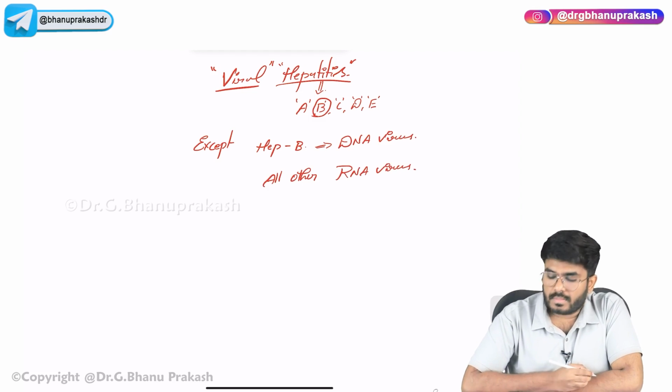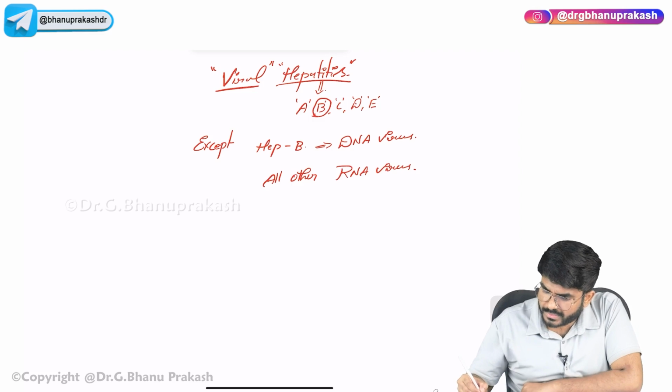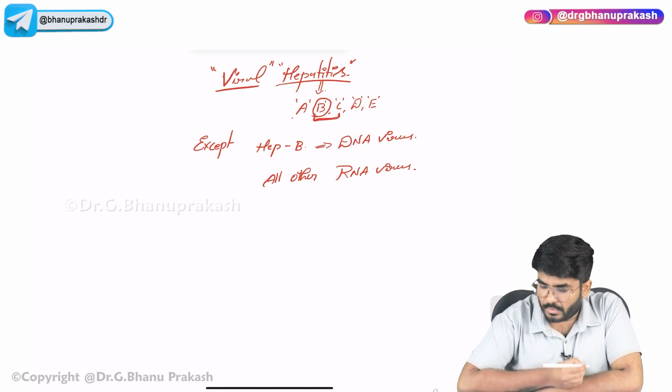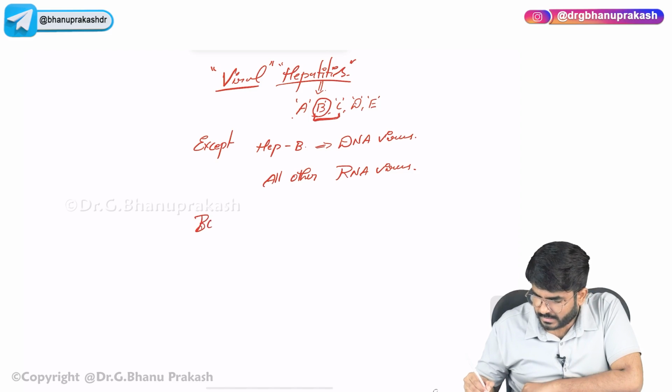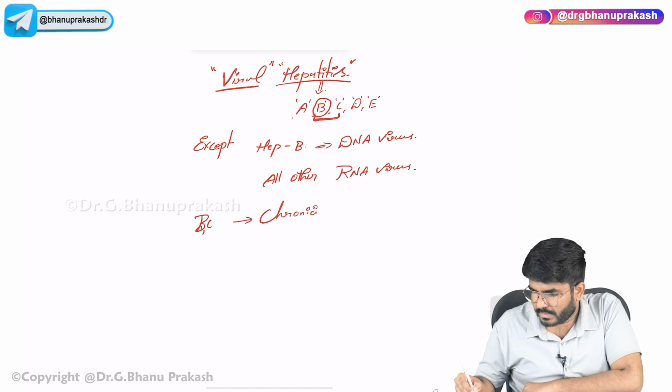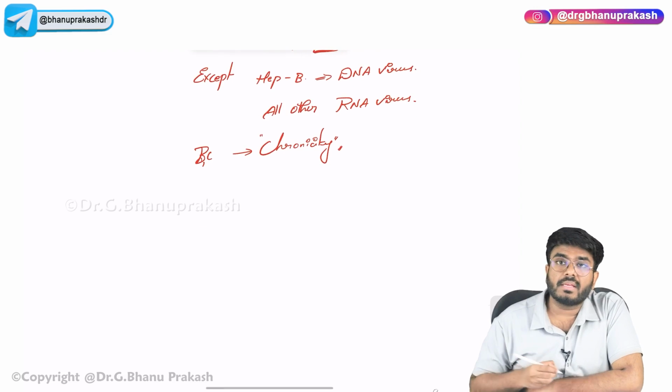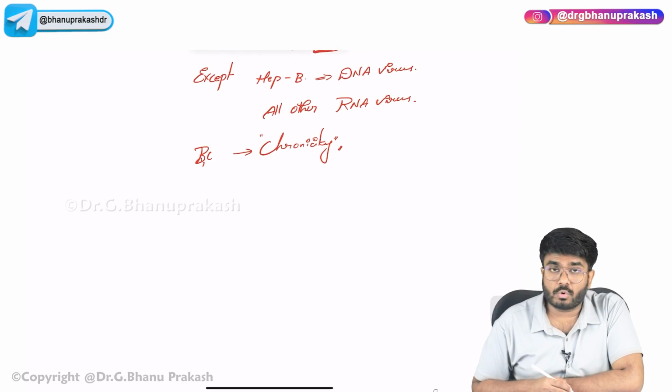Next, hepatitis B and C, they will lead to chronicity. Usually hepatitis B and C show chronicity, which means they can be there for a long period of time, they can be chronic in nature and they can even increase the risk of cirrhosis.